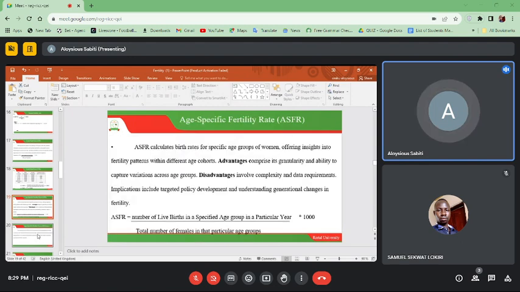Another very important measure is the age-specific fertility rate. The age-specific fertility rate calculates birth rates for specific age groups of women, offering insights into fertility patterns within different age cohorts. The advantage is that it has the ability to capture variations across age groups.